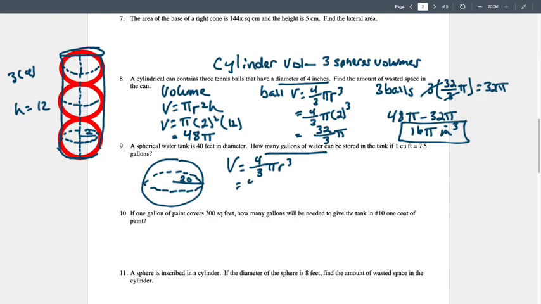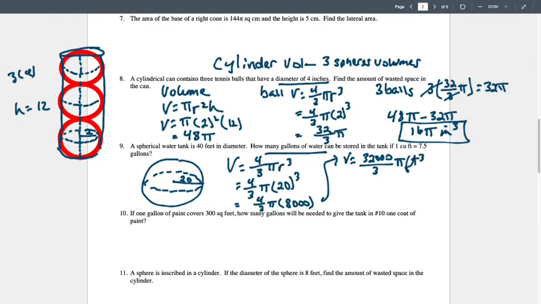So we'll do 4/3 pi. My radius is 20, so 20 cubed. When you calculate that, you'll get 4/3 pi, and that's going to be 8,000 when you cube that. So volume equals 4 times 8,000 is 32,000 divided by 3 pi. Okay, so that's our feet cubed.